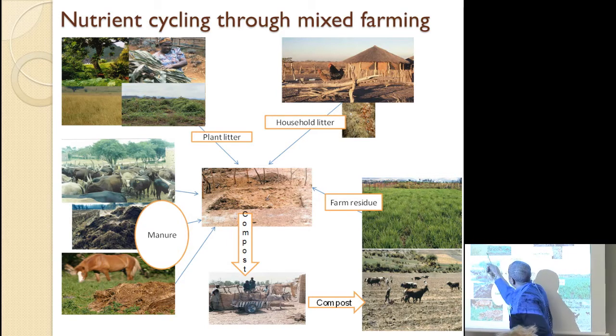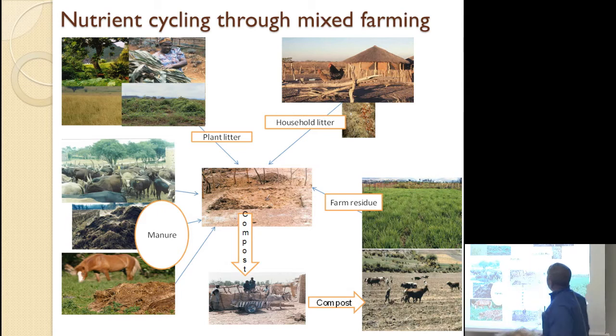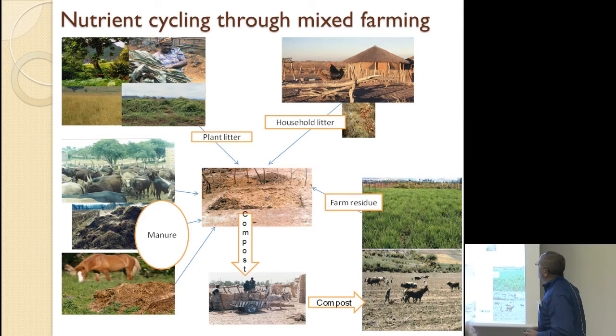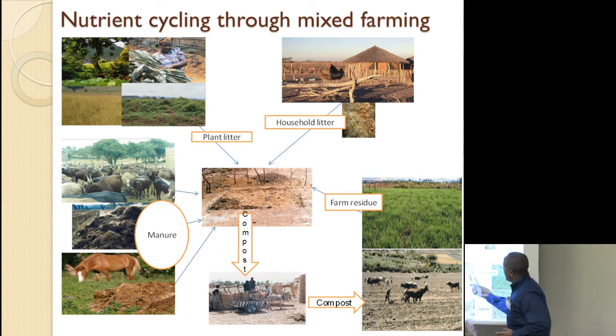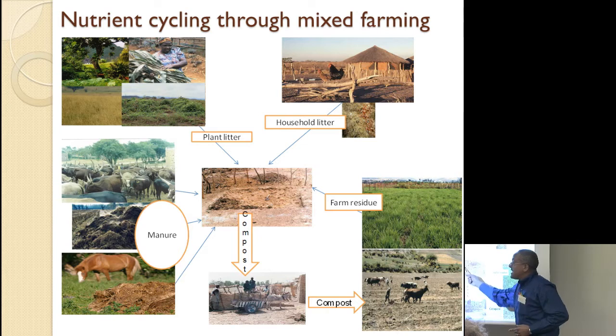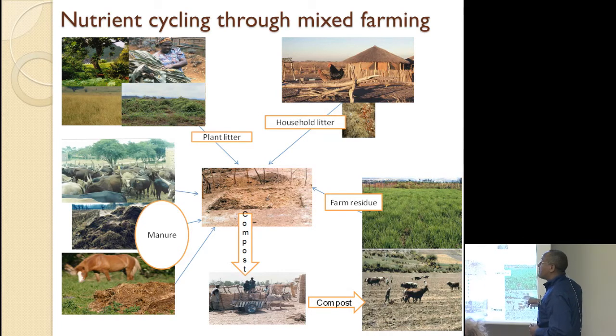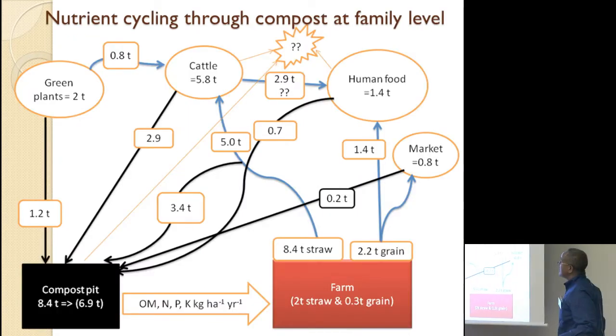And then this is the natural setting for vegetation. This is the house. This is the animal. And then this is the factory, compost making, to drive into the farming system, which is a cycling, recycling like this.